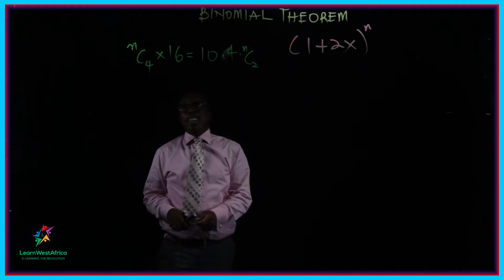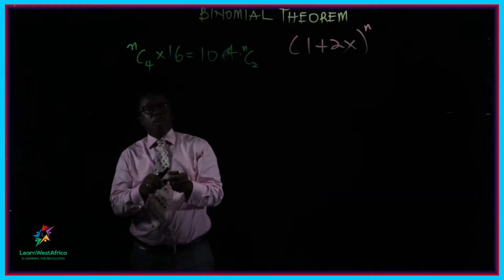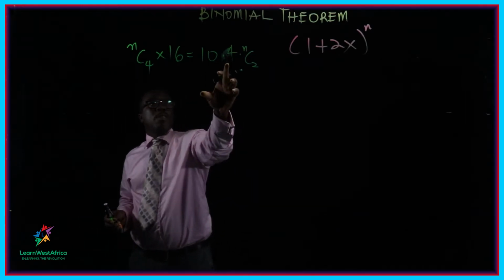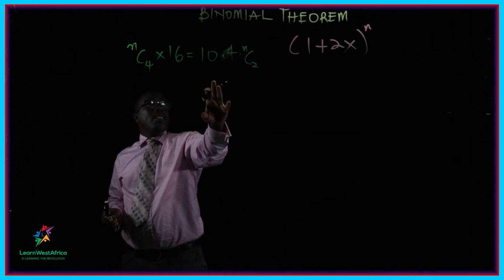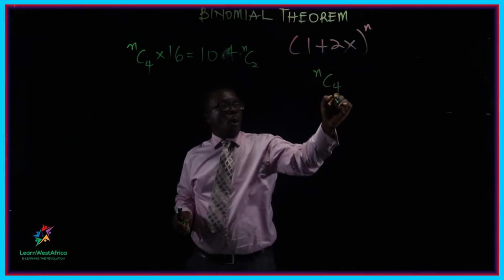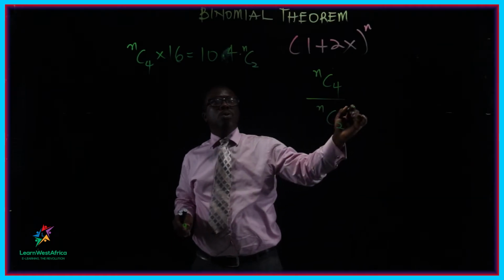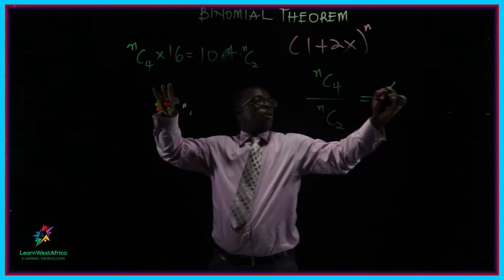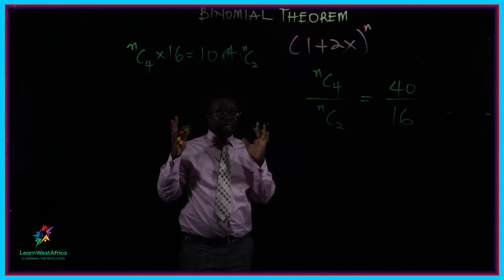All right, so let's look at this here. n choose 4 times 16 is equal to 10 times that. We can resolve this into this form. 10 times 4 is going to give us 40. So when we put all of that together, this is going to give us n choose 4 all over n choose 2, n combination 2, equal to 40 over 16. 40 over 16, that's clear.